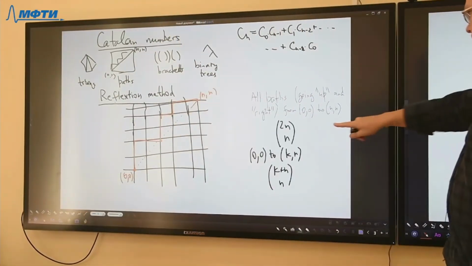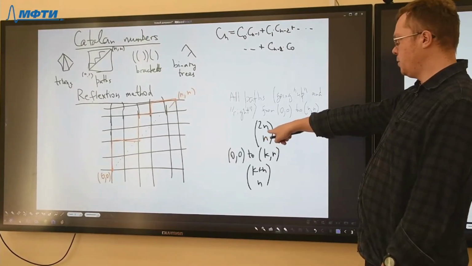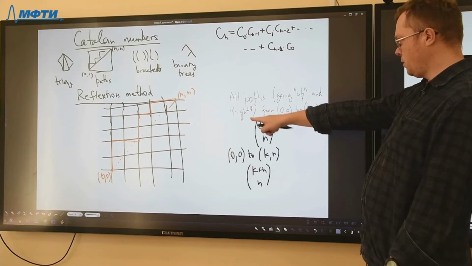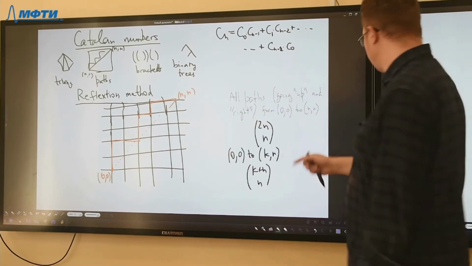So we have in total 2n choose n paths. If you want to calculate the Catalan numbers, we just need to calculate the number of paths that are going under the diagonal.